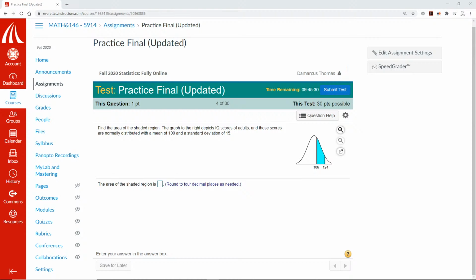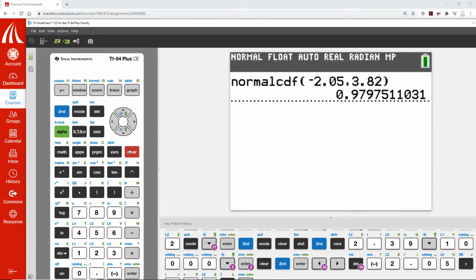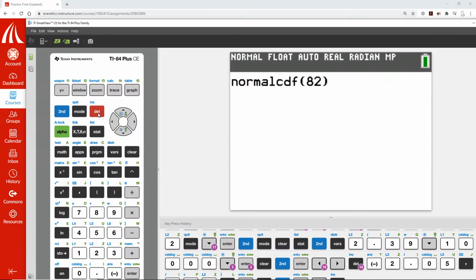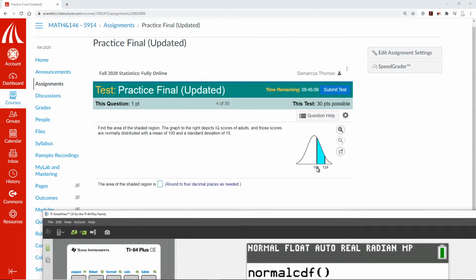The way to do this is, again, normal CDF. This time we'll put in our mean as 100 and our standard deviation of 15. Now, there's actually another way to go about solving this, and that's with using the tables. But because the tables only give us for the standard normal, we would have to convert the scores to z-scores.